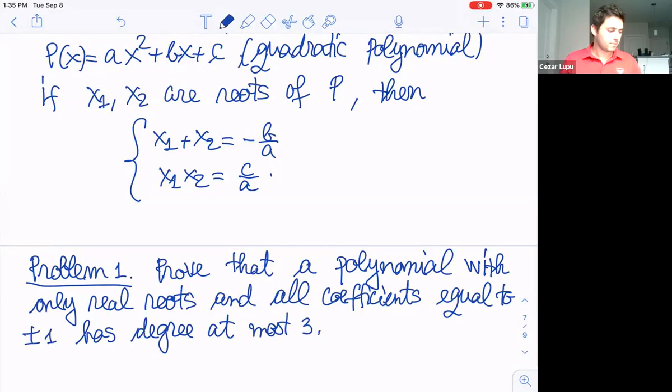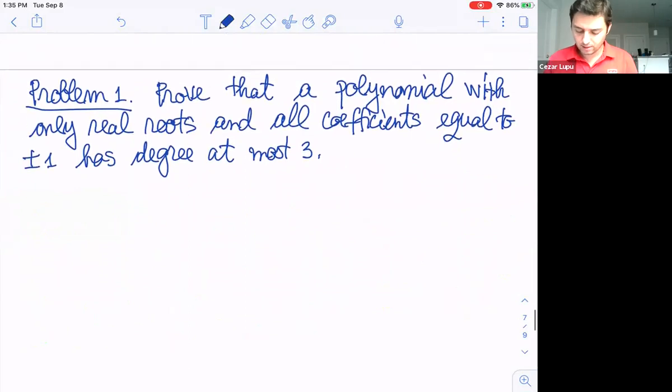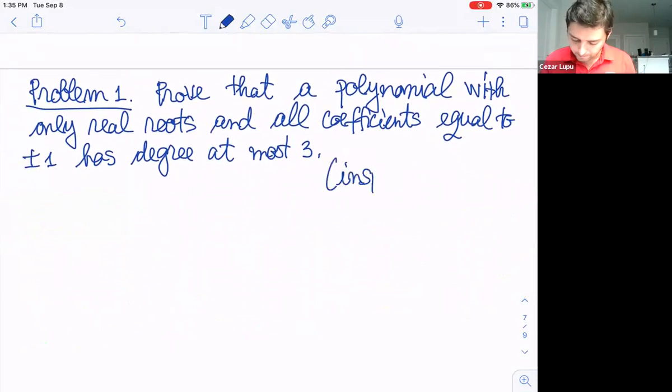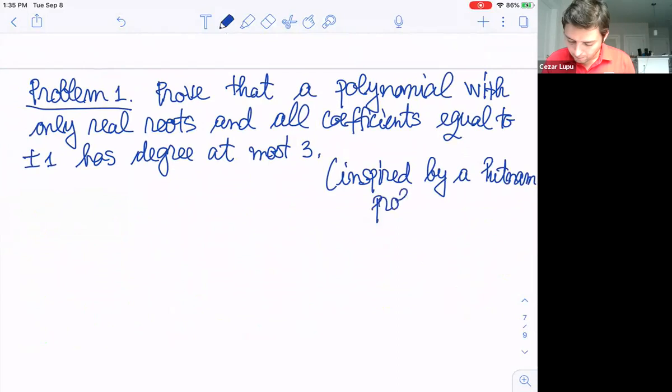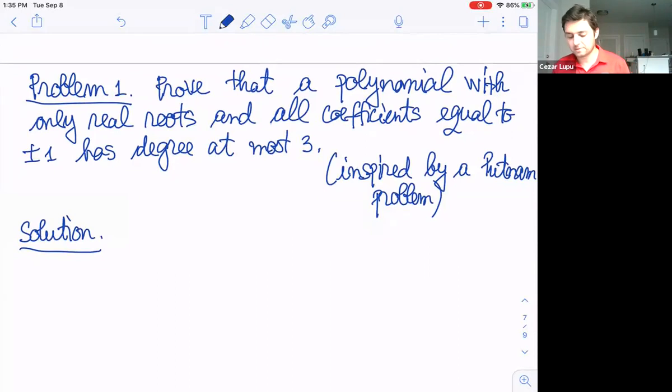Okay. Well, in fact, you can actually even find all these polynomials, but anyway, I'm not going to get into details of it. So this was, I think, inspired by a Putnam problem. Anyway, let's see. So what is the trick here? I want you to look at this problem for a couple of minutes.